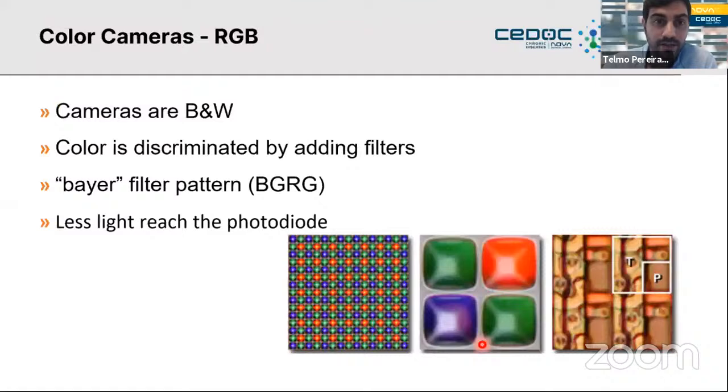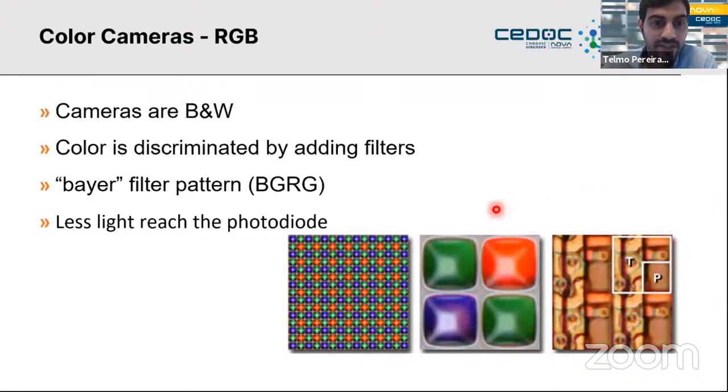My final slide here is just a small thing: all these cameras are black and white, but usually you will see that in some microscopes you might have color cameras. These color cameras are not different in terms of technology from the others.